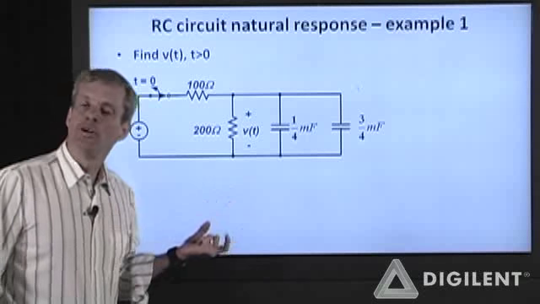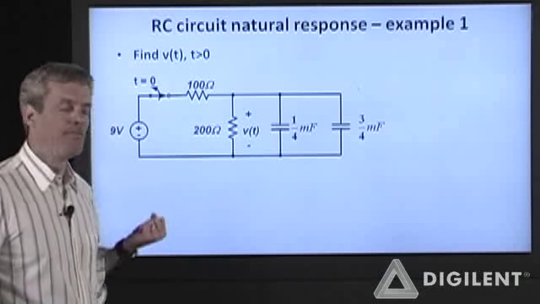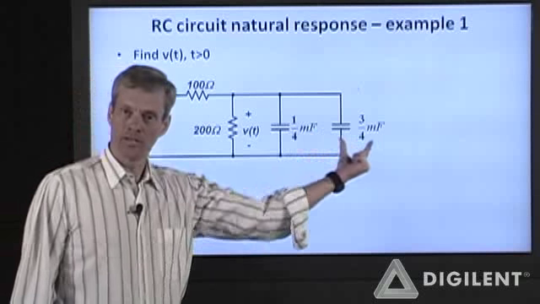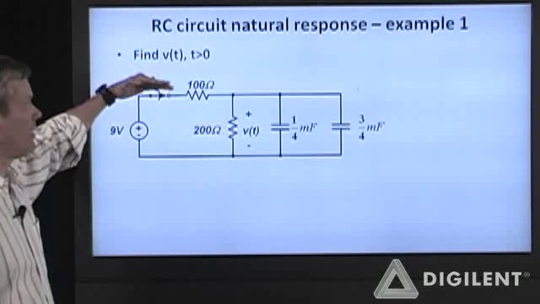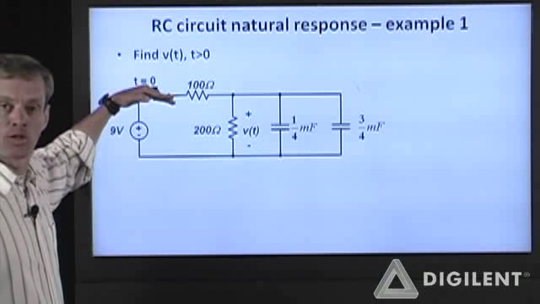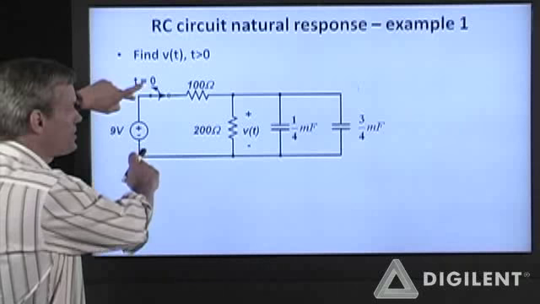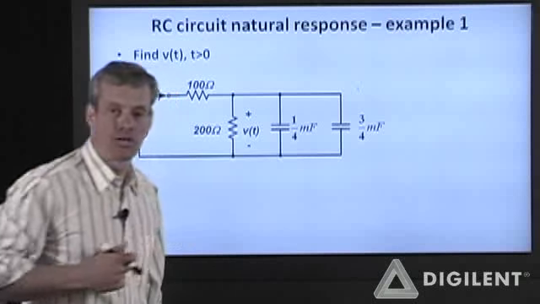Let's do another example of an RC circuit natural response. I have this circuit here with two capacitors in it placed in parallel. Before time t equals 0, I have this switch in its closed position, so this source is applied to this circuit.